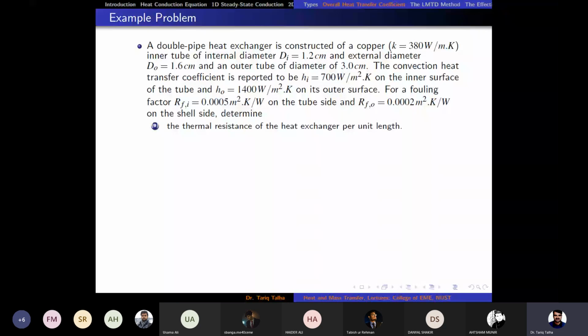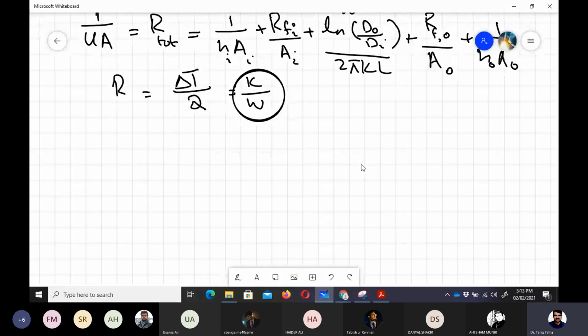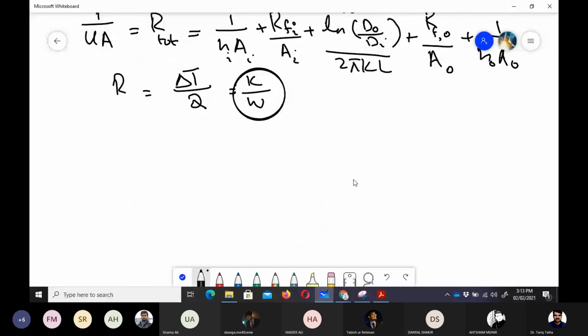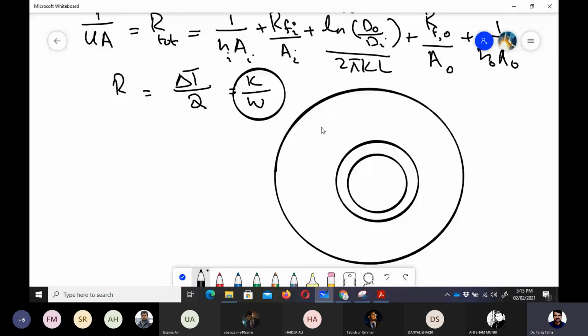So it means that, if I show you the side view of that, we have one pipe, and then we have a bigger pipe outside, right?